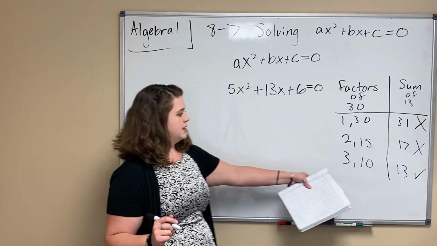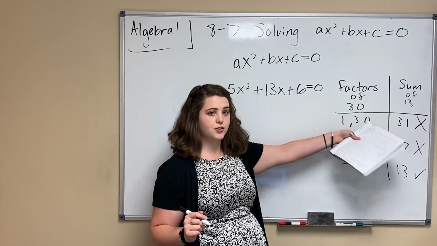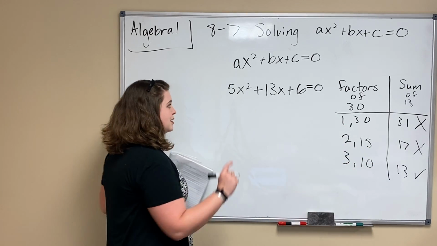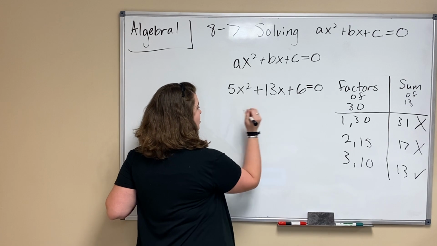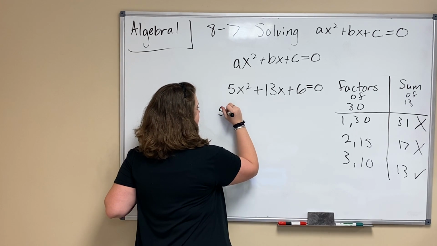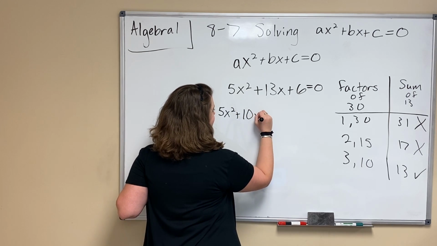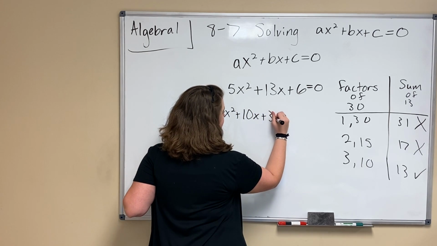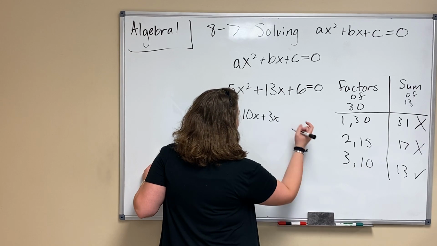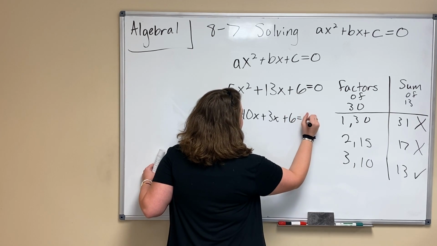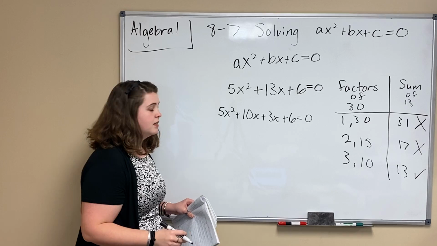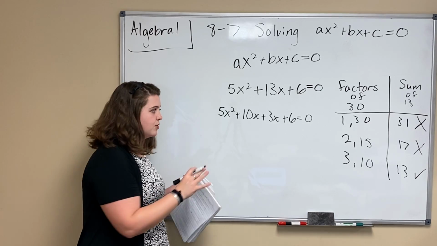So now that I've found that 3 and 10 is my factor pair of 30 that also adds up to 13, I'm going to rewrite this equation as 5x squared plus 10x plus 3x, this is my 10 and my 3, plus 6 equals 0. Now I haven't changed the value of the equation.